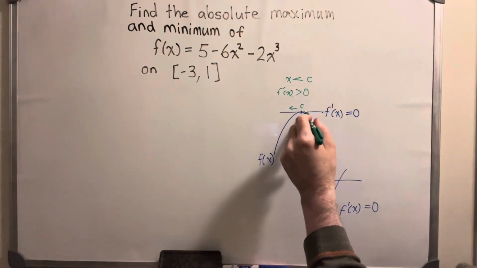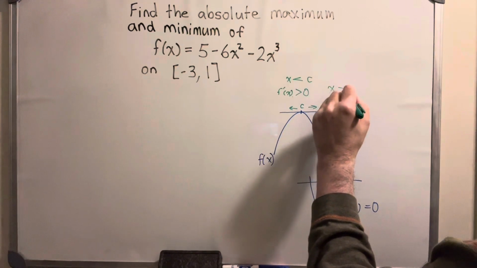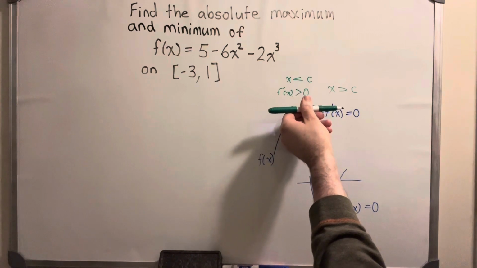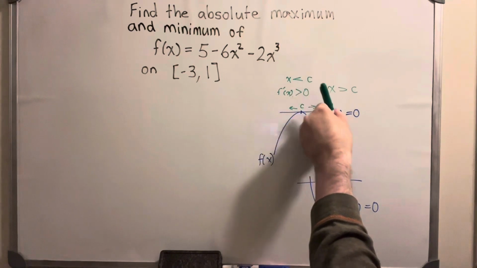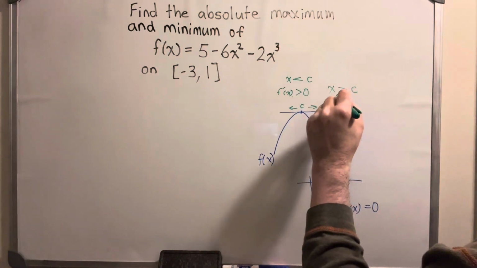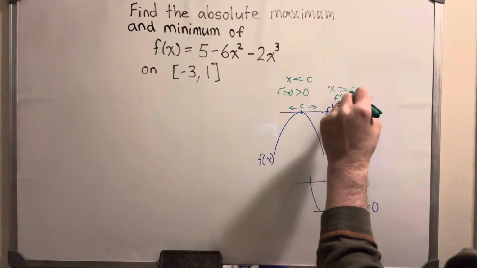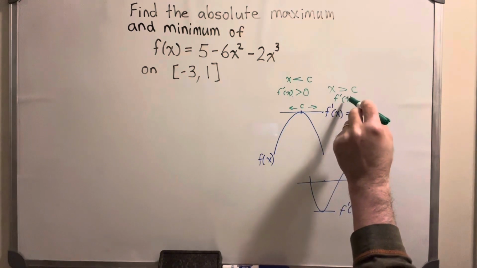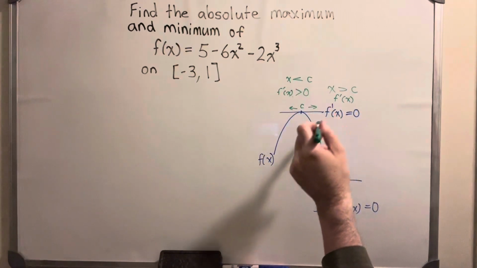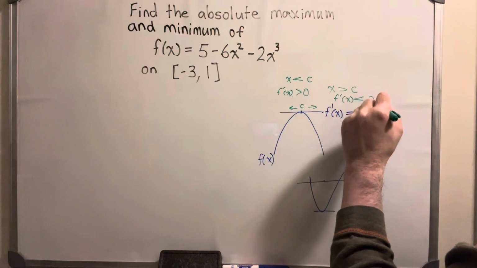And for x greater than C, once it's reached the point where the slope is 0, then it starts going down because you're going down from the maximum. What's the value of the derivative for values above C in the neighborhood of C? Well, now you're going downwards, so this first derivative is negative.